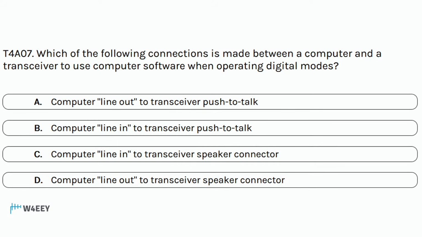And which of the following connections is made between a computer and a transceiver to use computer software when operating digital modes? They're asking here, an output has to go to an input. Charlie. Yeah, in this case, the computer's line in would connect to the transceiver's speaker connector. That's one way that you could get tones into the computer.